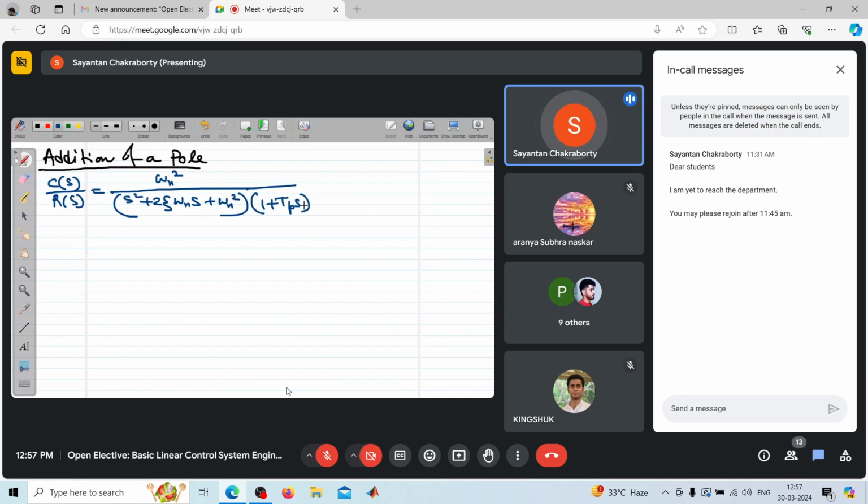So how will the response vary? Since this is a third order system, it's very difficult to interpret, but I'll just try to give an idea, just for the sake of information.